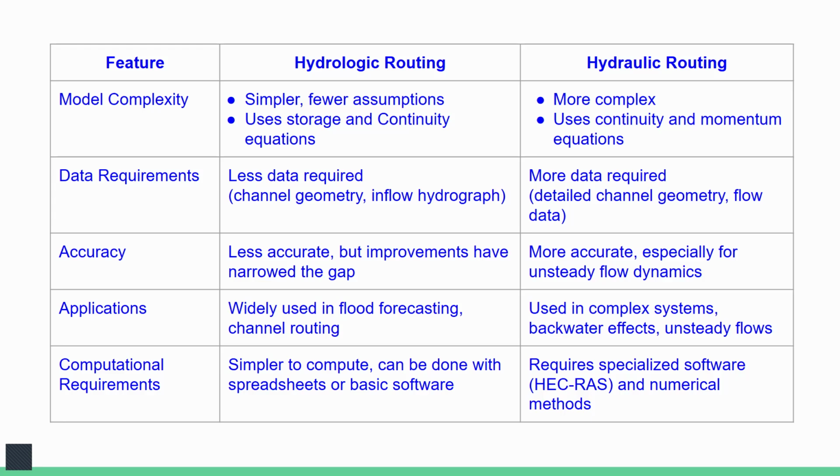While hydrologic routing, since it is simpler and also simpler to compute, in fact, can be done through the use of spreadsheets and basic available software, we can conclude that hydrologic routing is also less accurate.